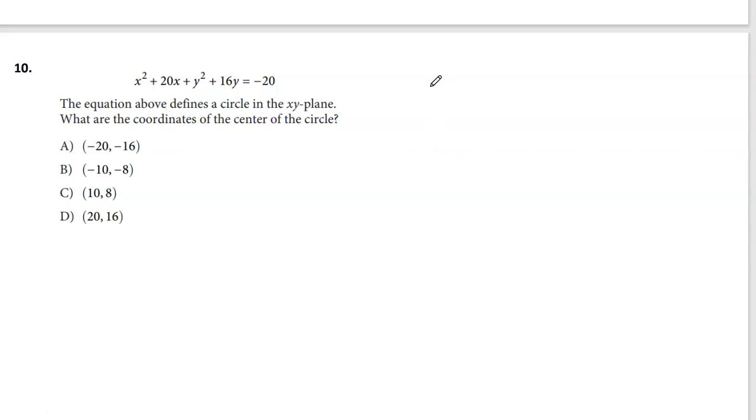In this, what we do is we first write down the general equation of a circle in the xy plane, and it looks like this: x minus h all squared plus y minus k all squared is equal to r squared, right? Where h comma k is the center of the circle.